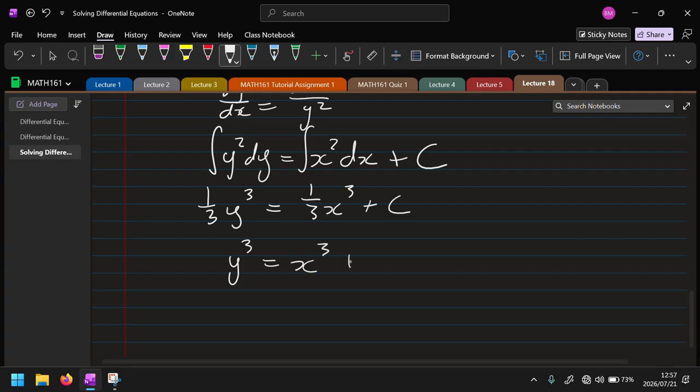And now this constant c is a constant. A constant times 3 is just another constant. So instead of calling it something else, I'm going to say C becomes 3C, and then I'm just going to rename it immediately back to C. Okay.